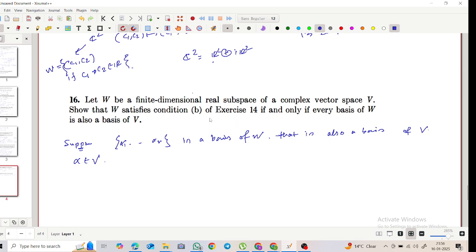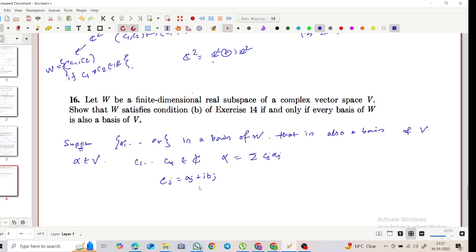Now let's see whether W satisfies the condition B of exercise 14. So we can find unique C1 to Cn belongs to C such that alpha is summation Cj alpha j. Write this Cj as Aj plus i Bj.